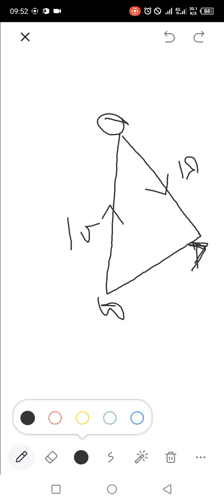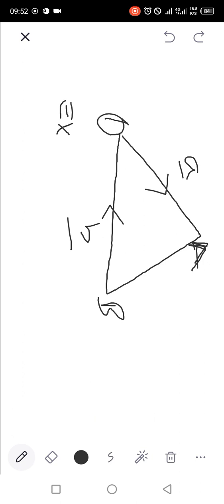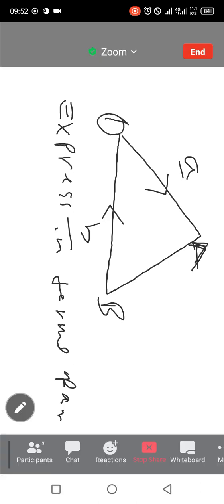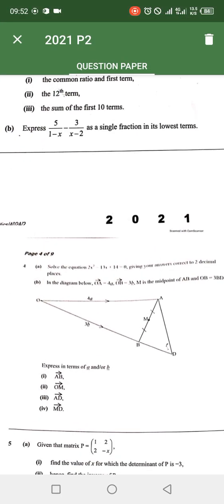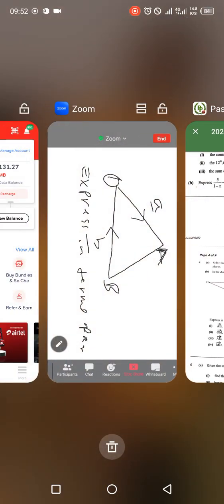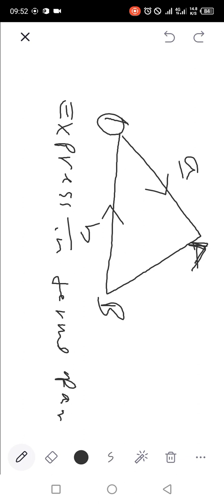So here we are going to say express in terms of A, there's a bar here, and or B. Number 1 is written OA.